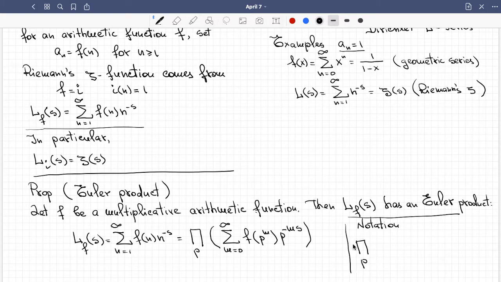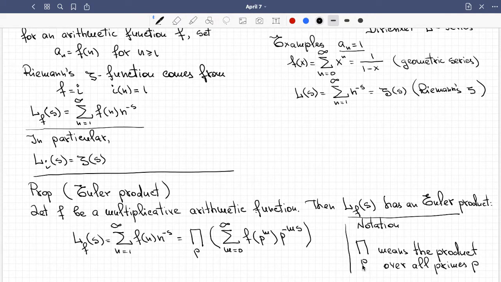This symbol means the product over all primes p.